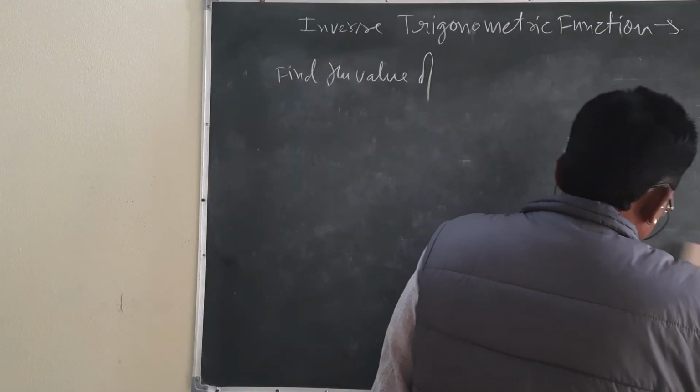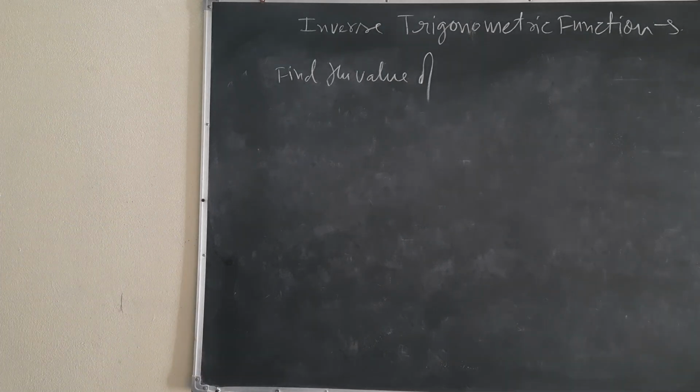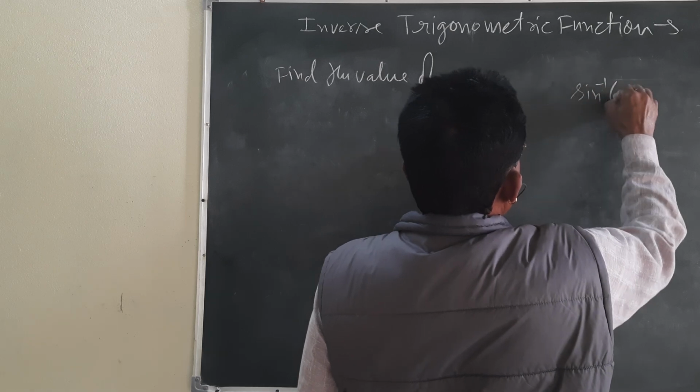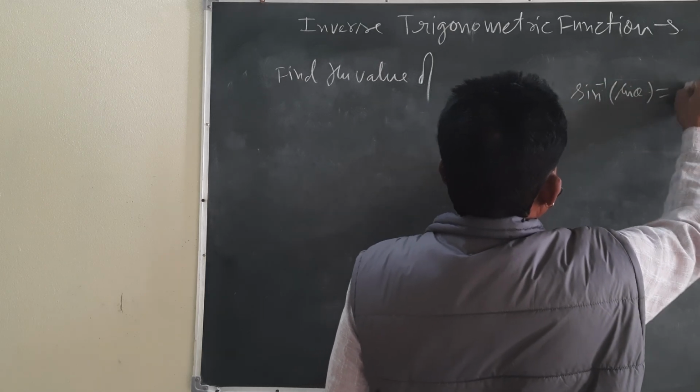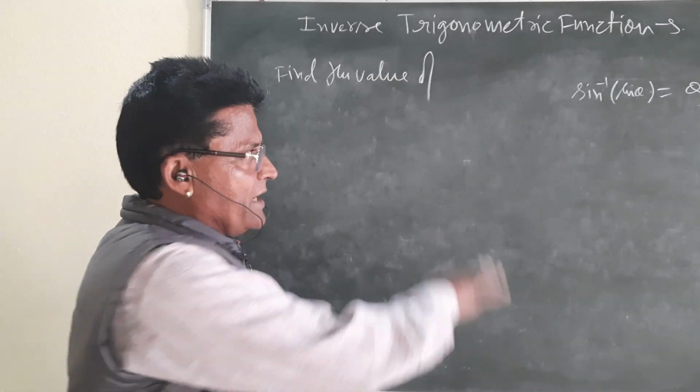because of what you have learned in class 11. What things have you learned in class 11? Sin inverse sin theta is equal to theta, but not always. That I have discussed just now.